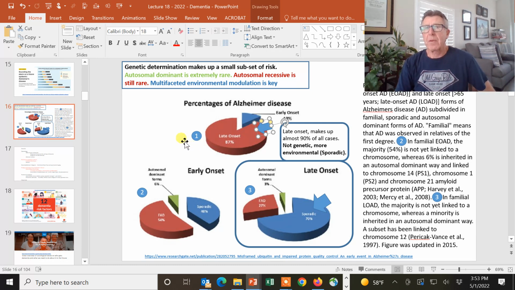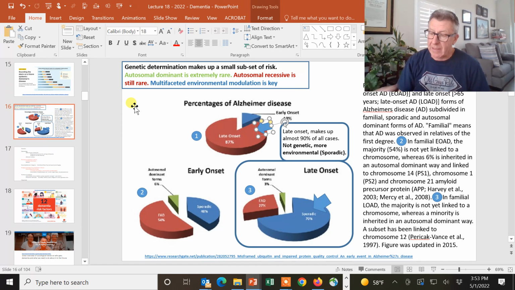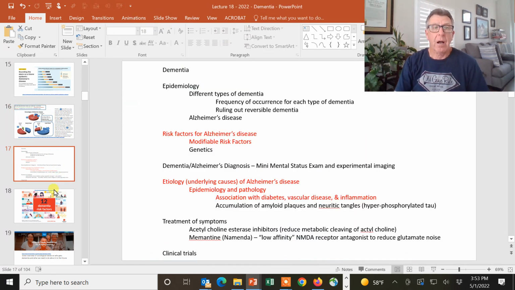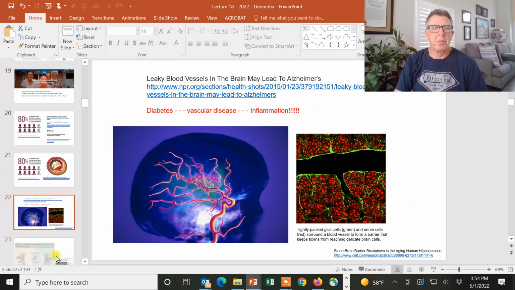And we're grouping the sporadic into just having leaky blood vessels, which I was talking to Romano about. It's a big deal in terms of thinking vascular etiology and diabetes and risk.